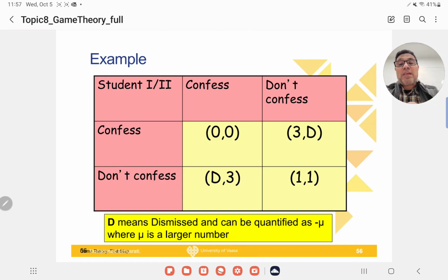And if the first student didn't tell the truth, but the second one told the truth, the situation will be just flipped. So the first student will be dismissed from the school, and the second student will get grade 3.